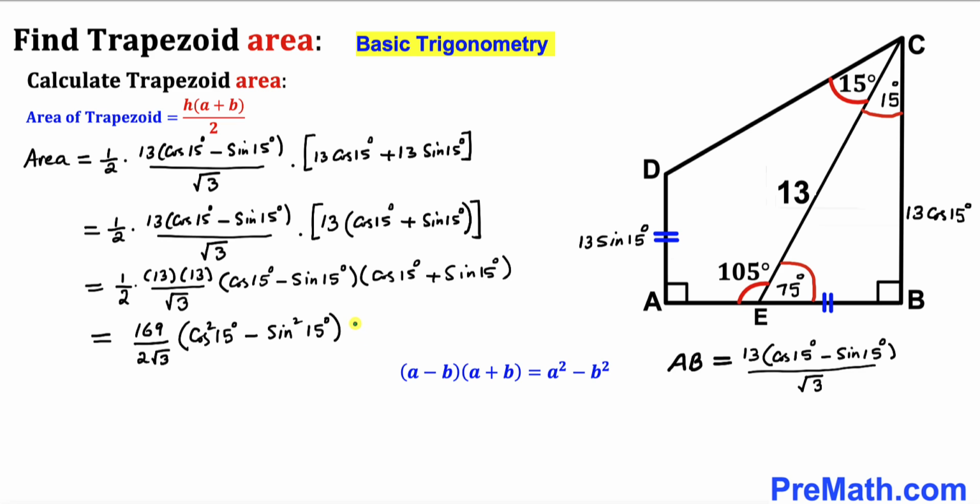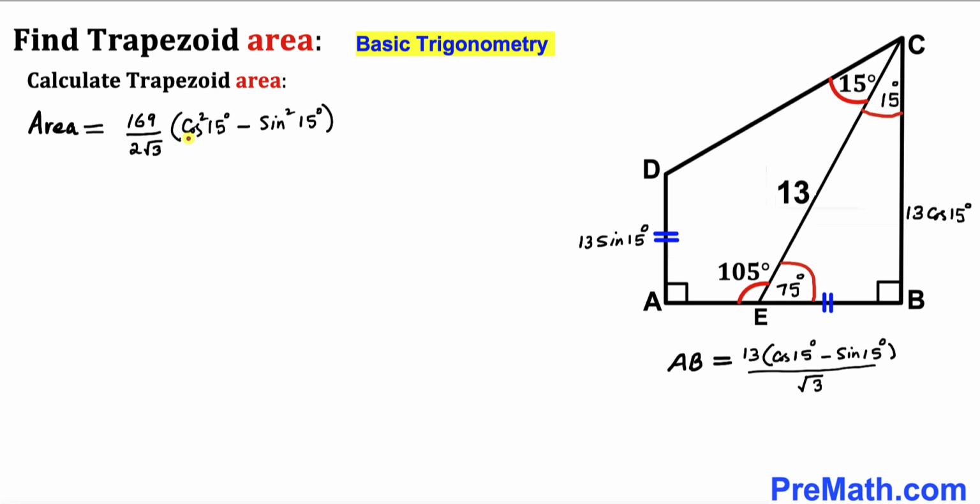As you can see in this next step, here I have multiplied out everything. This turns out to be 169 divided by 2 times square root of 3. And now our task is to find the value of cosine of 15 degrees minus sine of 15 degrees.